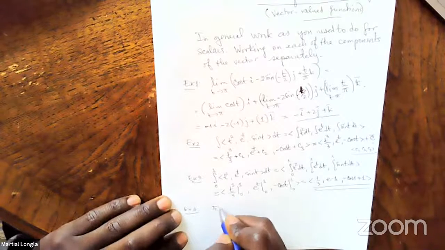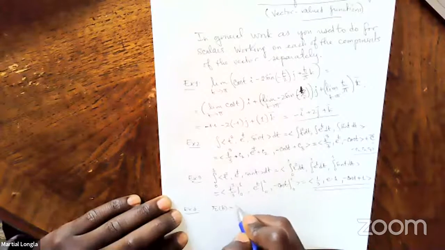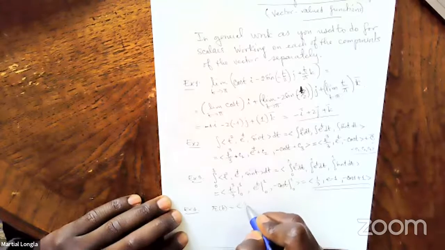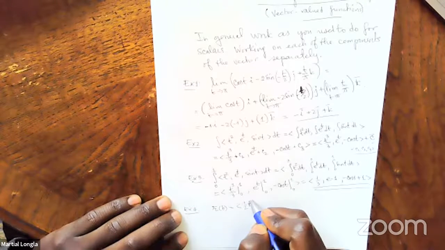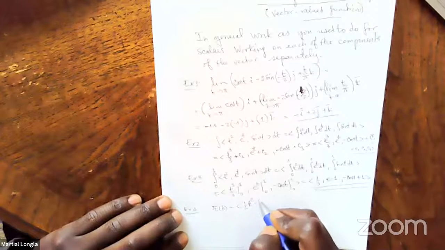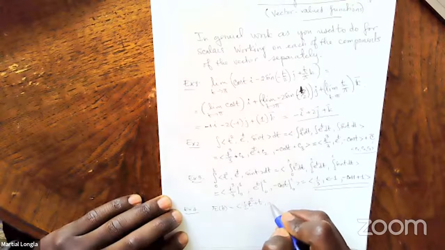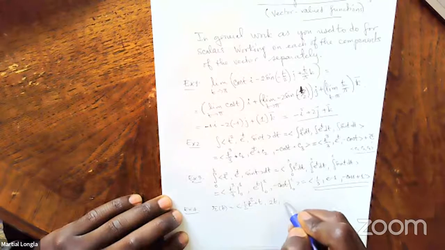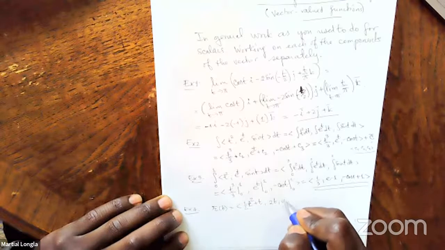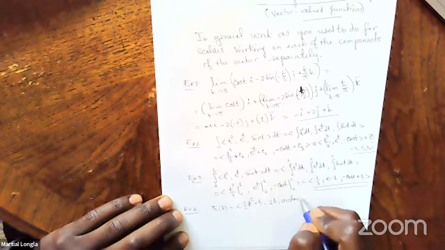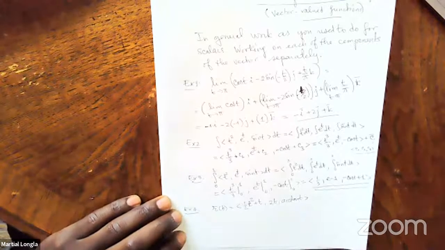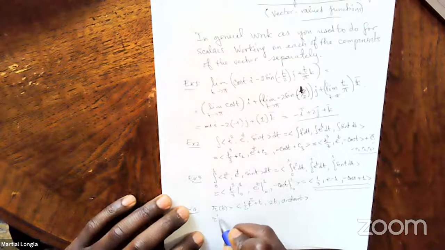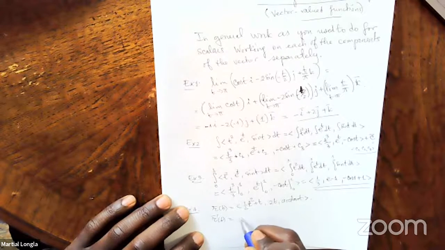And you got r of t equals 1/2 t squared plus t, 2t, arctangent of t. Then the derivative is found component-wise.